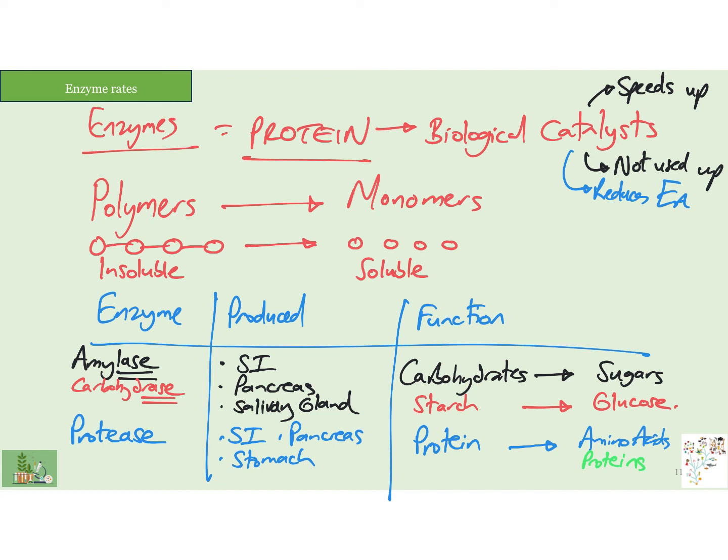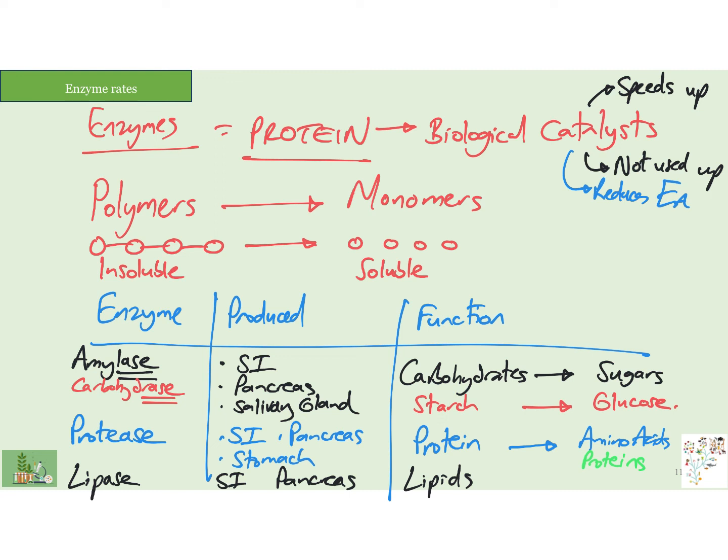The final digestive enzyme then is lipase, which is produced in my small intestine and produced in my pancreas, because all digestive enzymes are produced in the small intestine and the pancreas. The function of lipase is to break down lipids, and if you remember the word liposuction quite literally means sucking out fat.